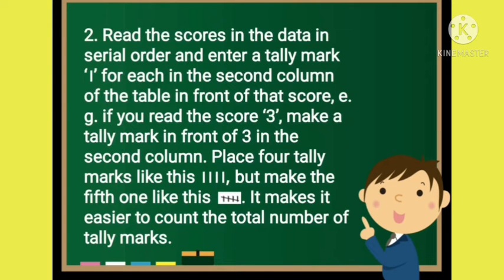For example, if you read the score 3, make a tally mark in front of 3 in the second column. Place 4 tally marks like this, that is 4 Roman I. But make the 5th one like this, that is crossing the 4. It makes it easier to count the total number of tally marks.